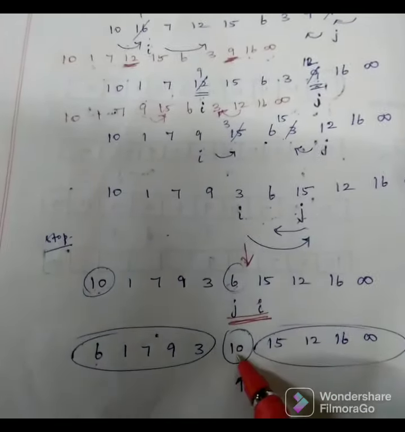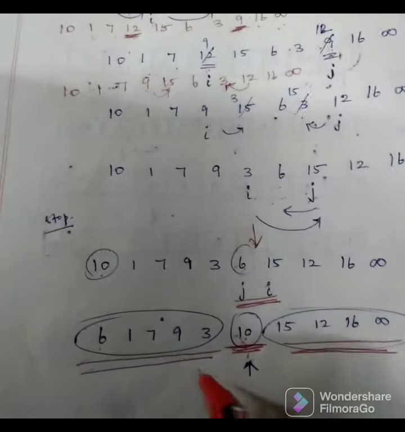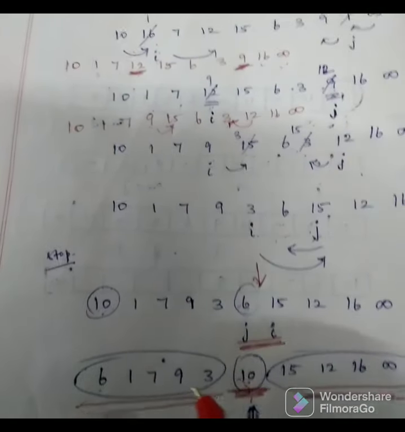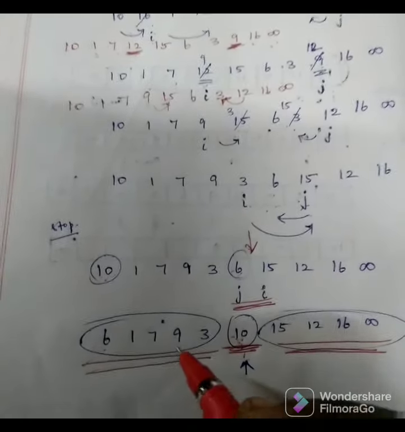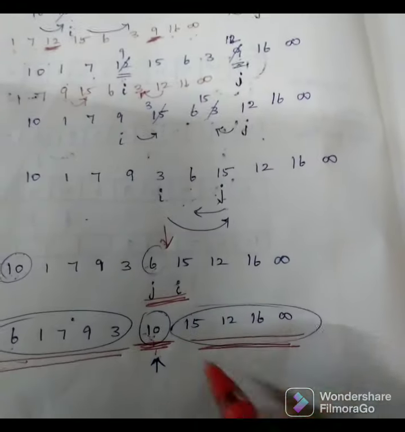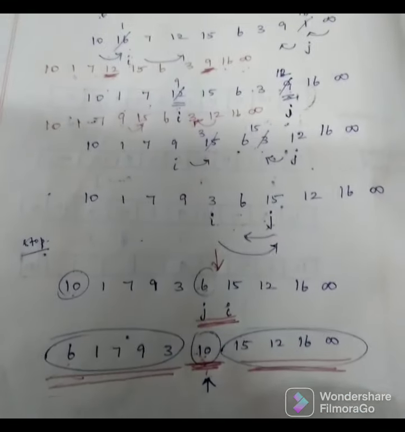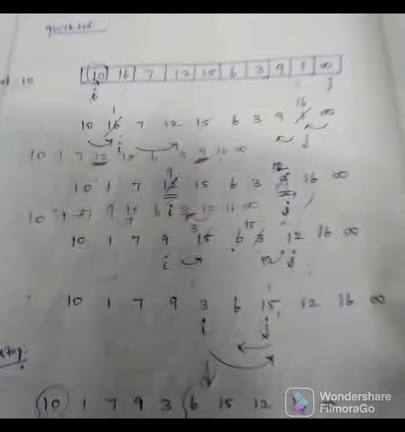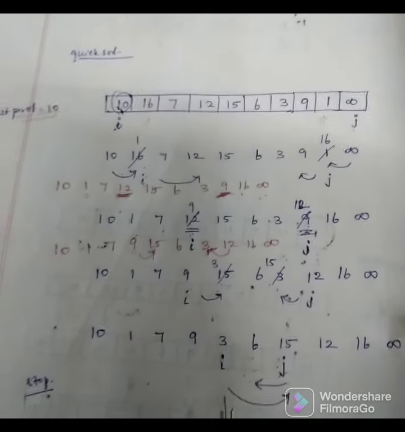After that we have fixed 10, and before the pivot everything will be less than 10, and after this element every value will be greater than the pivot. Again, you need to perform the same partitioning procedure for this part and for that part, and finally we will get the answer. This is the principle behind quick sort.